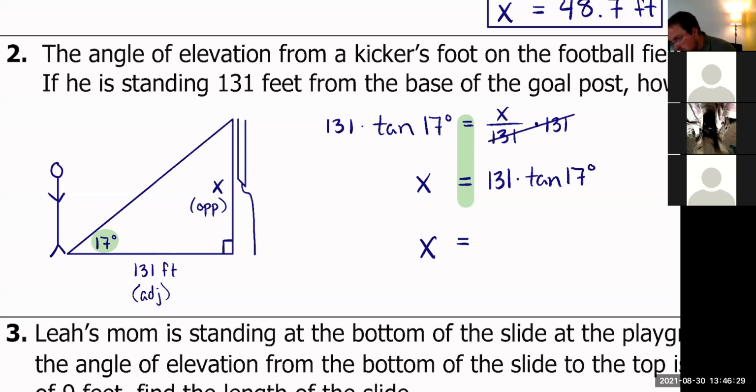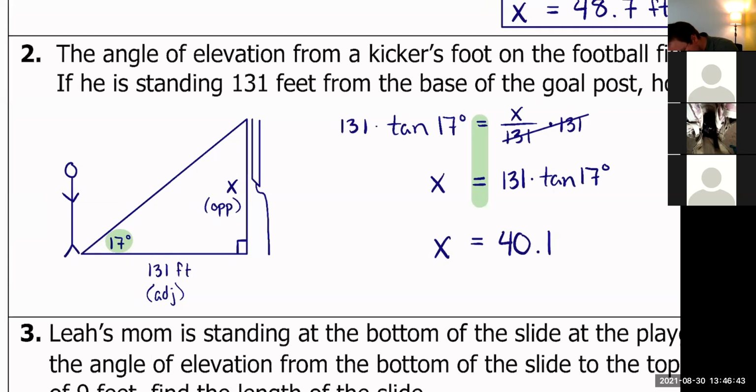That gives 40.05. Careful, depending on who you talk to, I usually round up at 5 and up. 40.1. And because we're measuring the height and everything else was measured in feet, that's 40.1 feet tall.